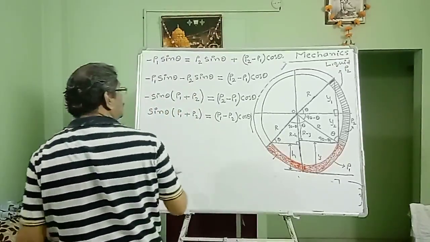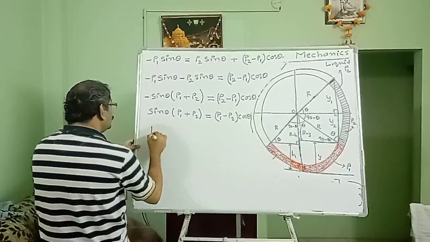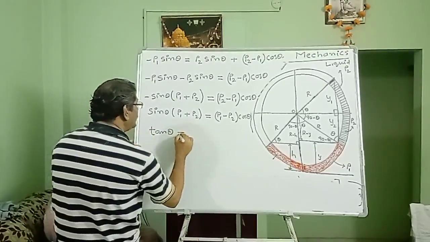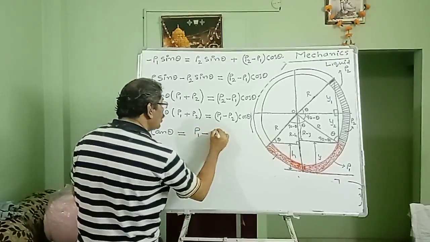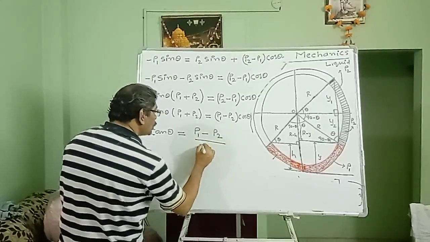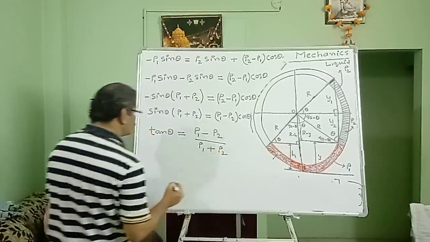From the given equation, bring cos theta to the denominator. This implies tan theta will be numerically equal to rho 1 minus rho 2 divided by rho 1 plus rho 2.